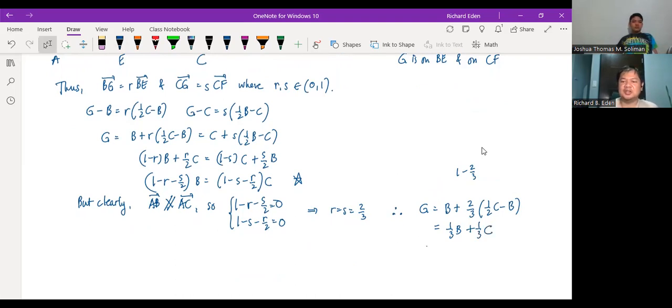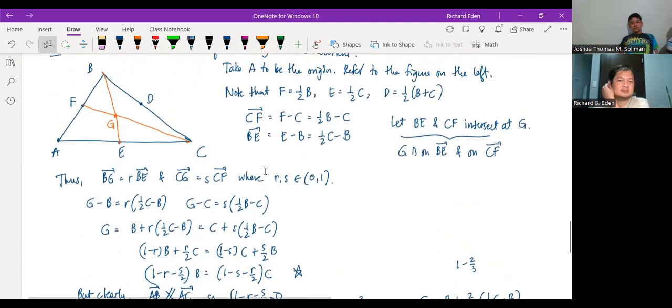Kasi symmetric. So G is 1/3 of B plus C.